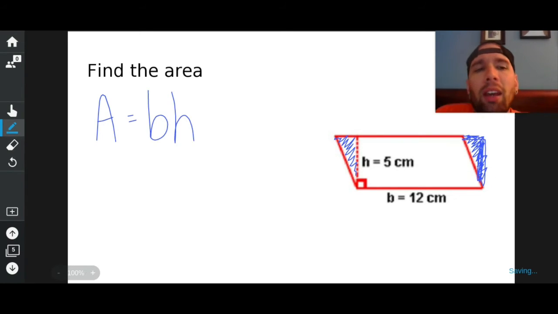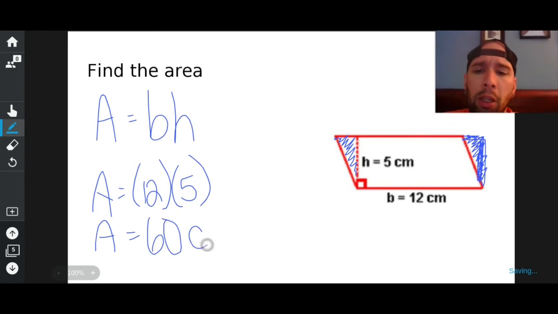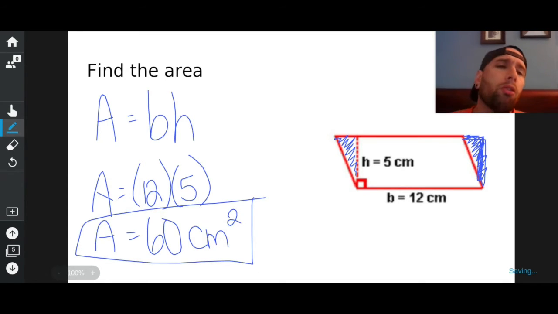So it's the same exact thing. You're just moving stuff. The base is 12, the height is 5. 12 times 5 is 60. My unit of measure is centimeters, so my area is 60 centimeters squared.